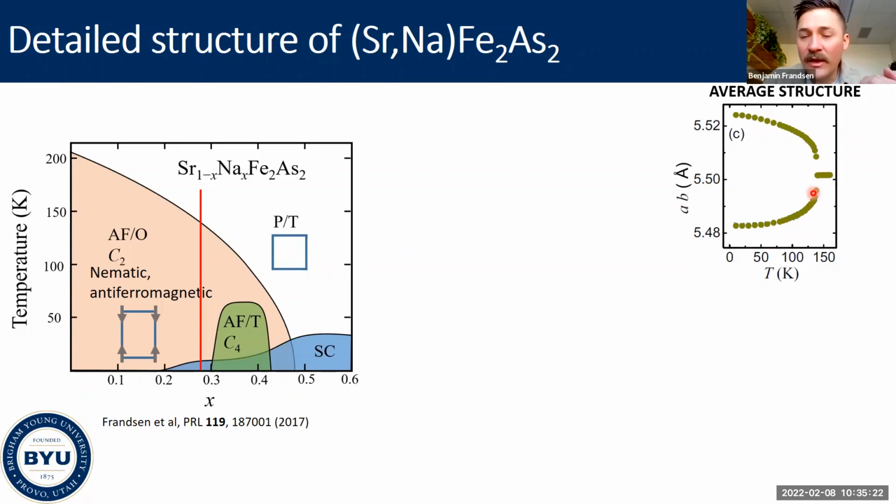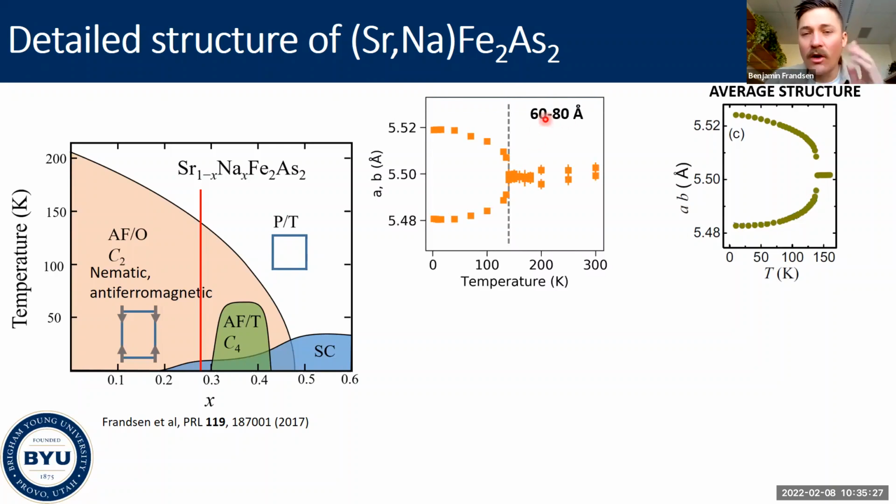Okay, now let's do the same thing looking at our PDF data. And if we perform fits from 60 to 80 angstroms, all right, so we're looking at that length scale in our data and perform fits. And if we allow the lattice parameters to be different, then what we see is right around 140 Kelvin, there's a sharp transition where above this temperature, A and B naturally are equal to each other as they would be in the tetragonal state, but then below this temperature, they split, okay?